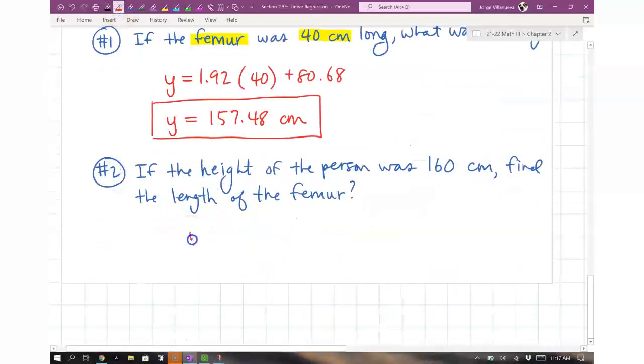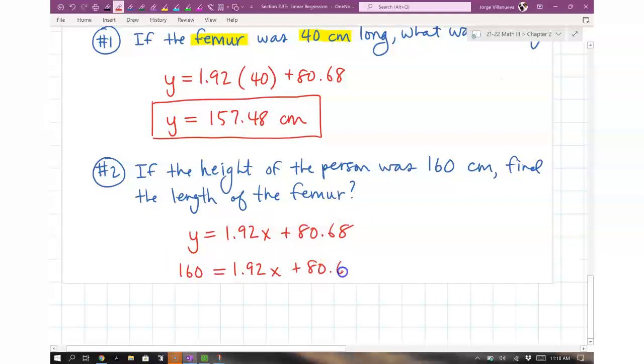Now remember, my equation was y equal to 1.92x plus 80.68. They just gave me y. So 160 equals 1.92x plus 80.68. So all I have to do is solve for x. Okay? This is my goal right here.